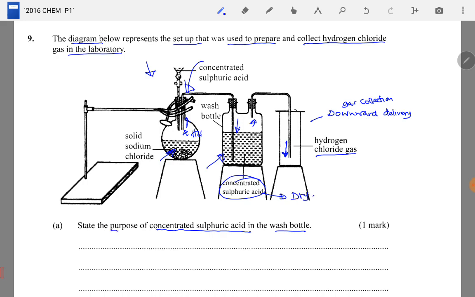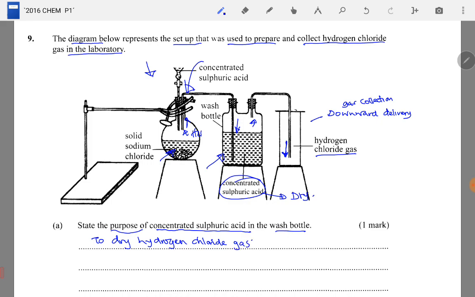Therefore, its purpose is to dry hydrogen chloride gas.